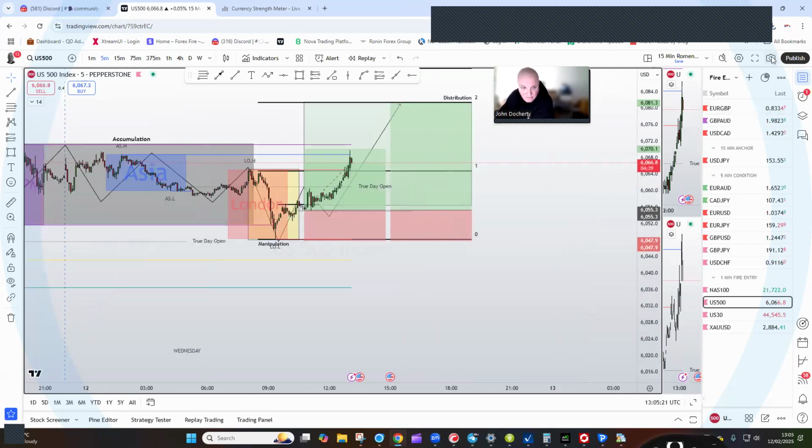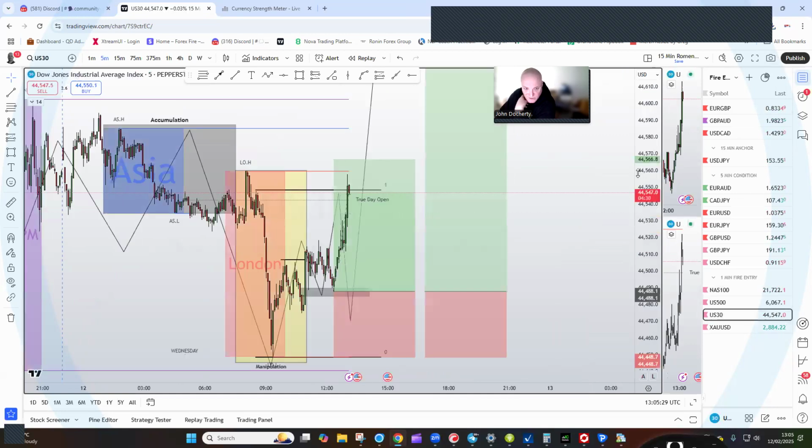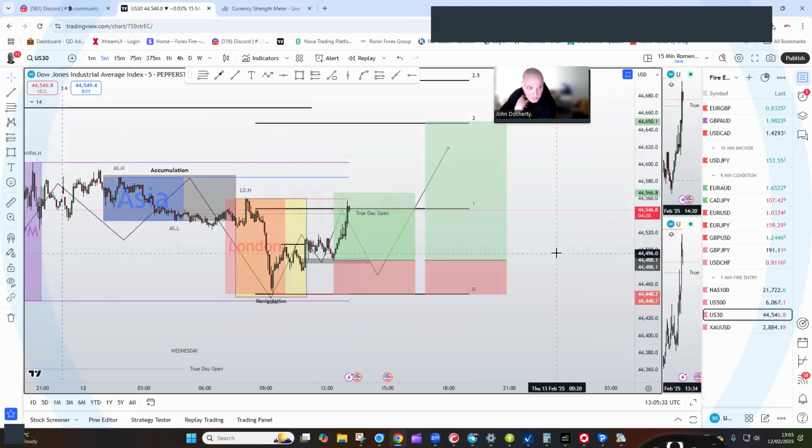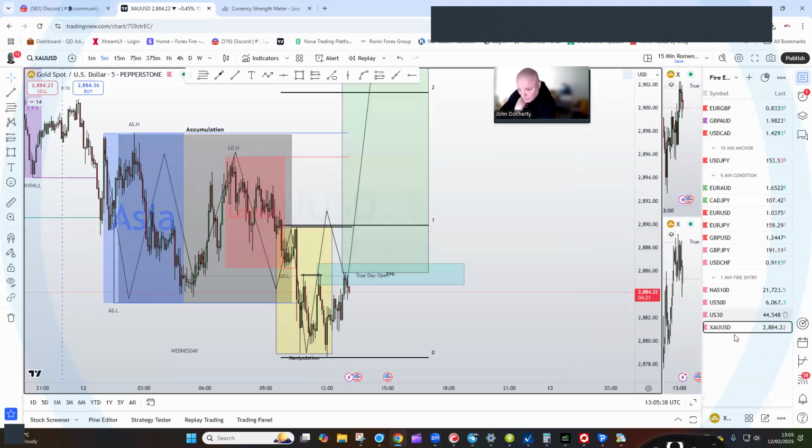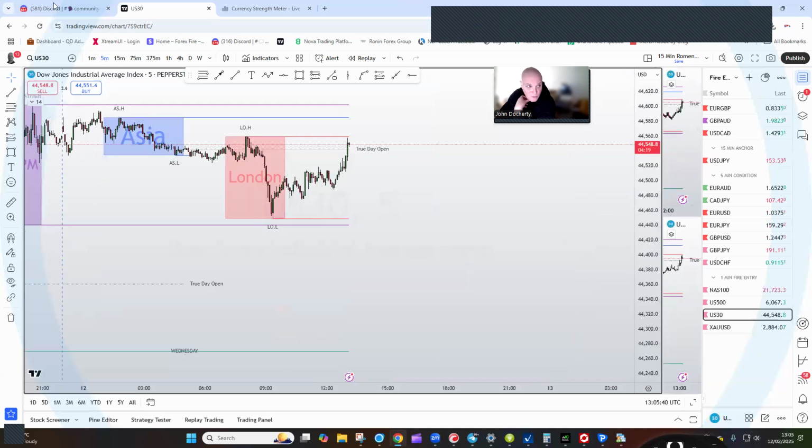We'll let this do what it needs to do. It might push up. US 30 is almost 2%. And like I say, the gold, we're still waiting for momentum on this as well.